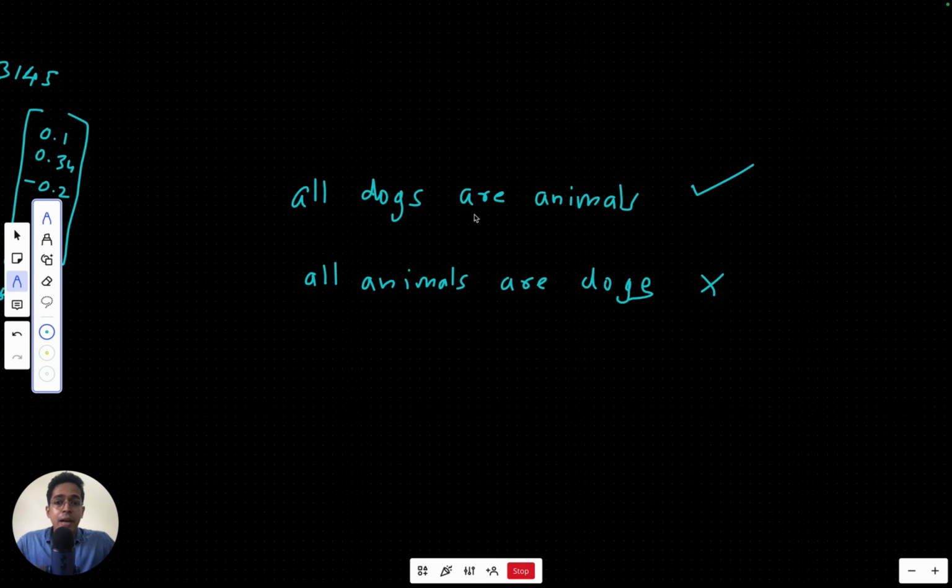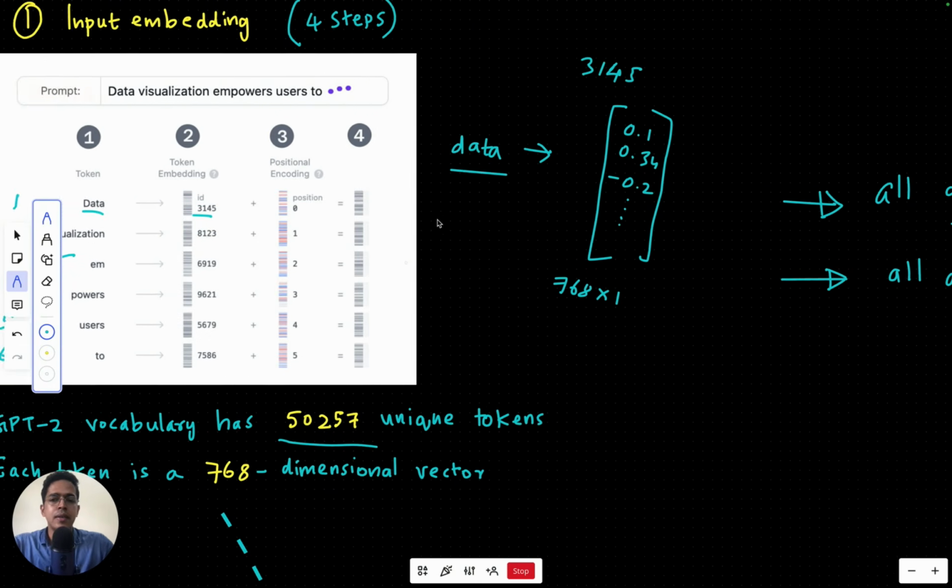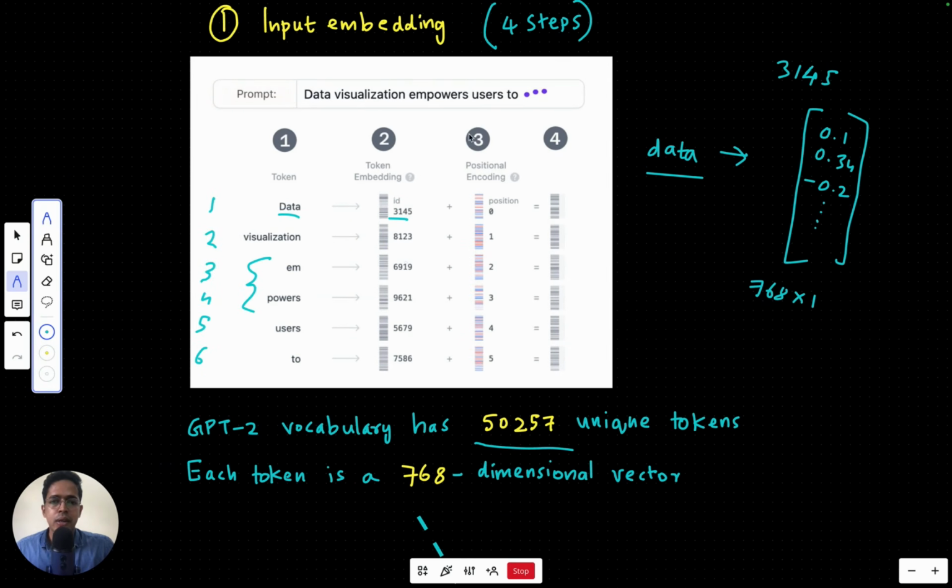How do you capture the fact that these two sentences have completely different meanings? By looking at the position information, because the words that are present in this sentence and in this sentence are exactly the same, but the position of dogs and animals are switched right over here. So that is why the information of position of the words is so important to construct the meaning of a sentence. So that is what is done in the third step, which is positional encoding.